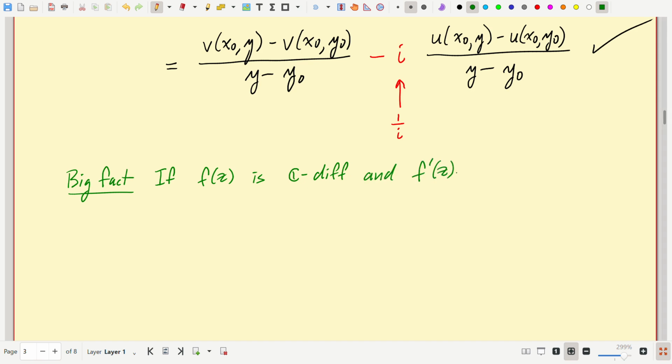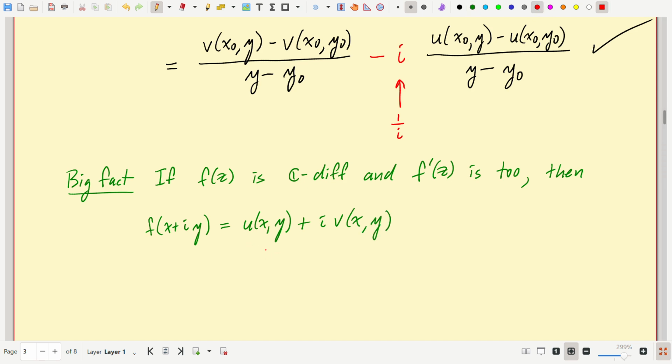It's a funny fact that if f is complex differentiable, it automatically happens that f prime is complex differentiable too. But we have this situation, so we don't have to think about it. If that is so, then when I write f of x plus iy as the sum of two things, these two functions turn out to be harmonic.